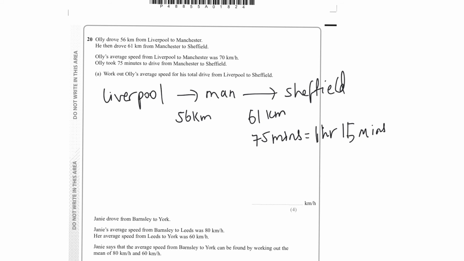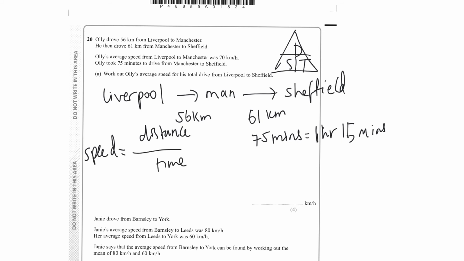So what we're going to do is speed equals distance divided by time. Here's the triangle to help you remember that. So in order to work out the speed, we need to do the total distance divided by the total time. So we know the total distance would be the 56 plus the 61, which is 117 kilometers.